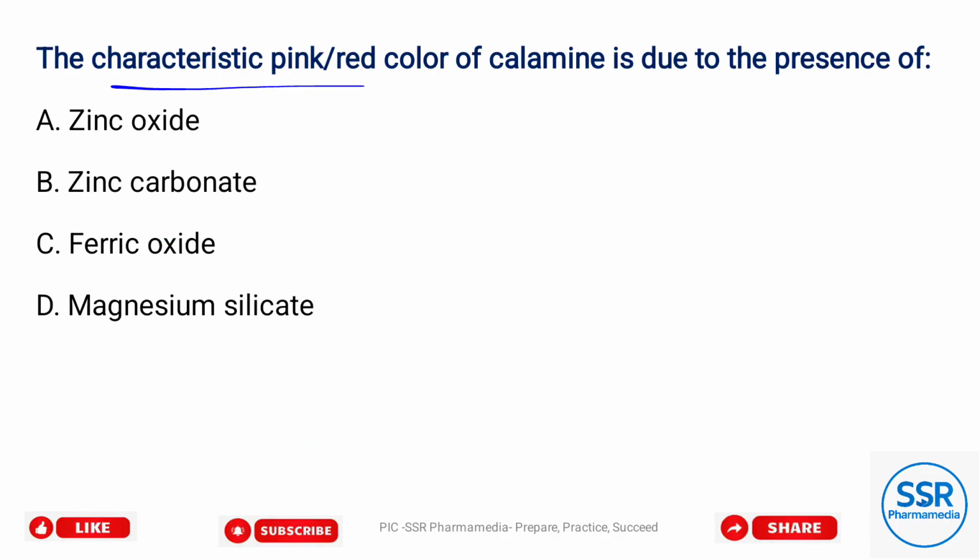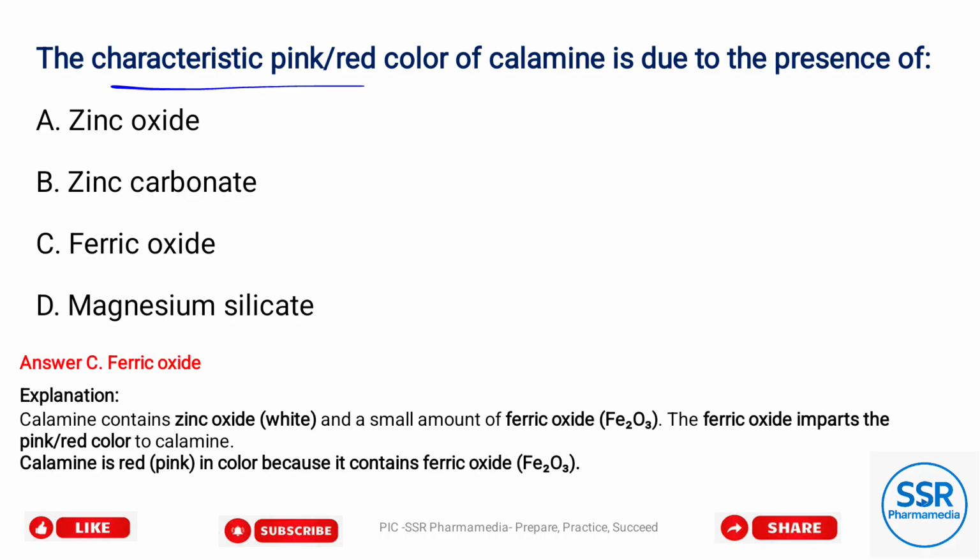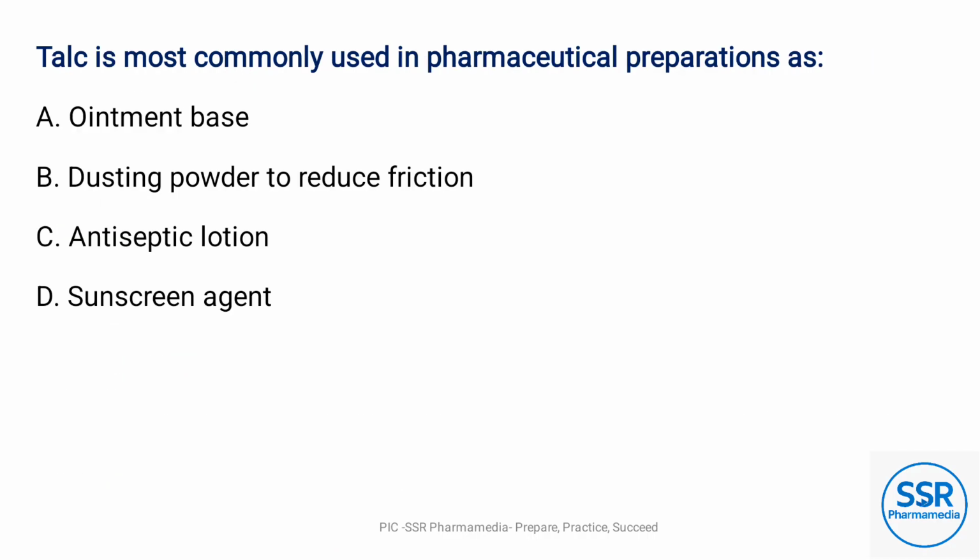The characteristic pink or red color of calamine is due to the presence of, option C, ferric oxide. Zinc oxide is white in color, and the small amount of ferric oxide imparts the pink or red color to calamine.